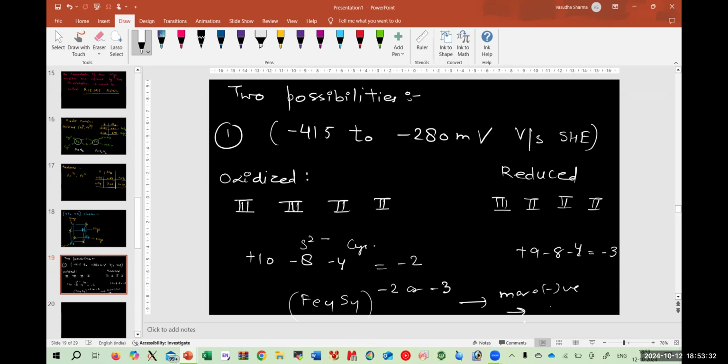Therefore, your delta G is positive. So when delta G is positive, it's a non-favorable system because the energy demand is so high. So this is not favorable.